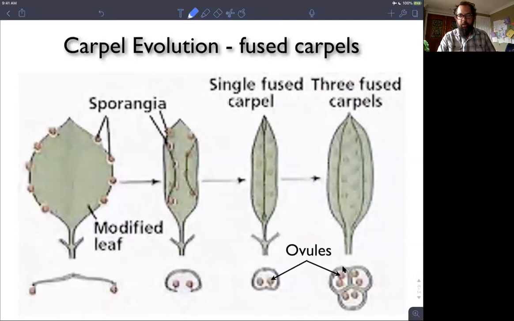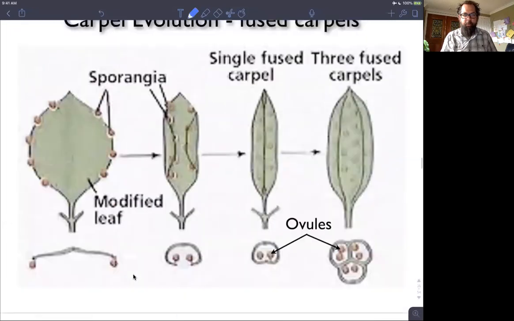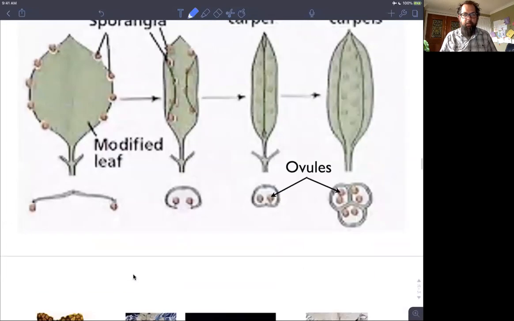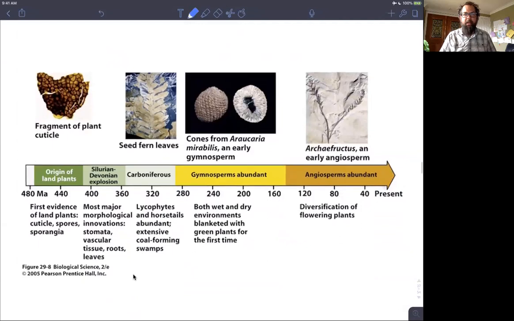And so each one of these is the separate carpel that's been fused together developmentally. Okay, so like I said, there's fossil evidence for these sort of intermediates in both stamen and carpel development. And so if we look back at the fossil record, you remember this slide from the beginning of, I think, the first lecture.